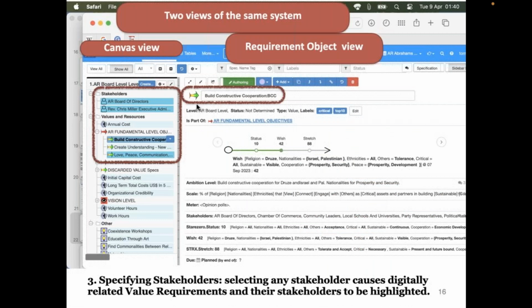Here is an example: the yellow arrow means a value that can grow and get better and better. And then here is the scale of measure defined for it. Here is a meter suggestion, how we're going to measure it.